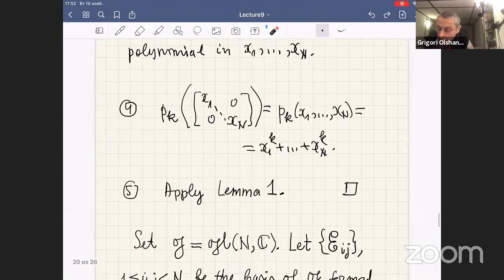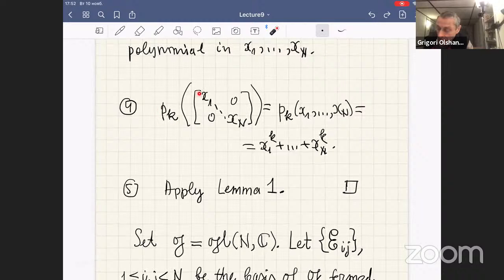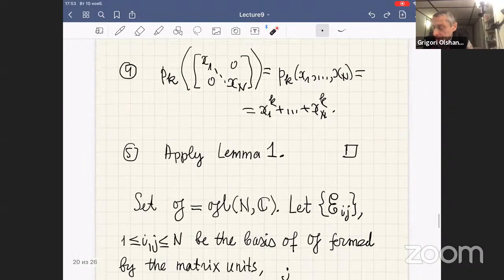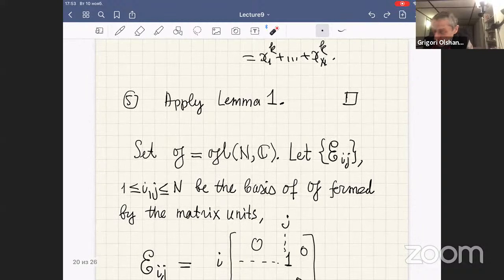But next, if you take our polynomial function and evaluate it on a diagonal matrix, we get exactly this expression. So this is the end of our argument. So we know that we have already produced a system of free generators for the algebra of invariant polynomials. But let's turn this into the claim that we need.